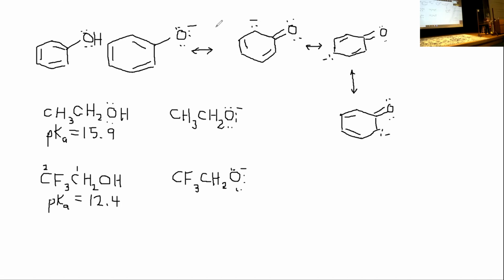I just want to point out one more thing, which is that alcohols, as I said, are amphoteric. That means they can also act as bases, just like water. Let's take our friend ethanol here.